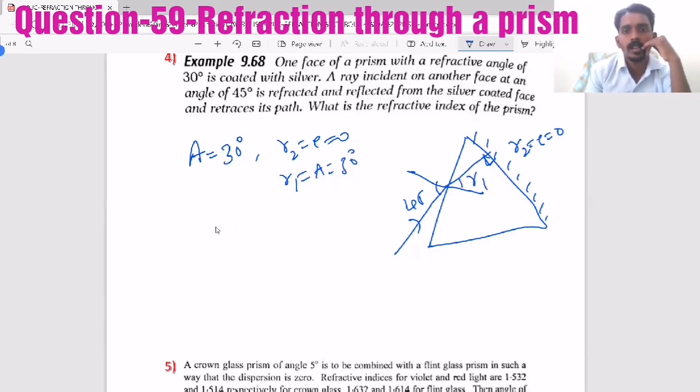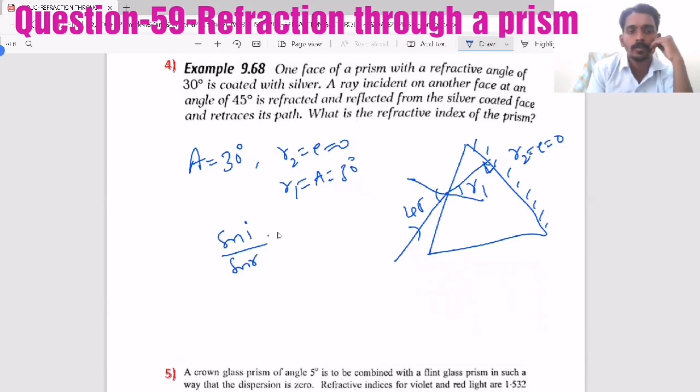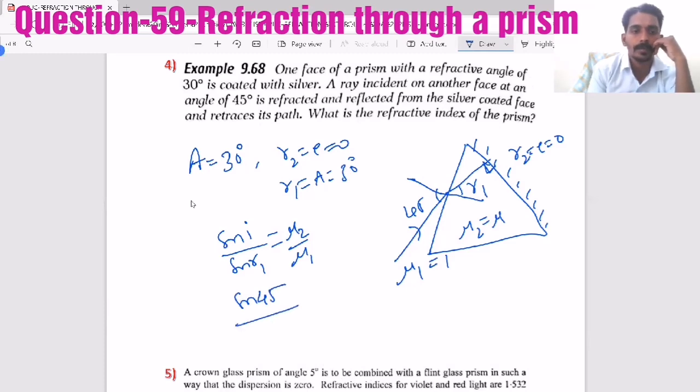This is R1. Now if you apply Snell's law, sin I by sin R equals mu 2 by mu 1. Like this is mu 1, this is mu 2. Now this is mu, this is 1. Now you substitute. So sin I is 45, the I value they have given.